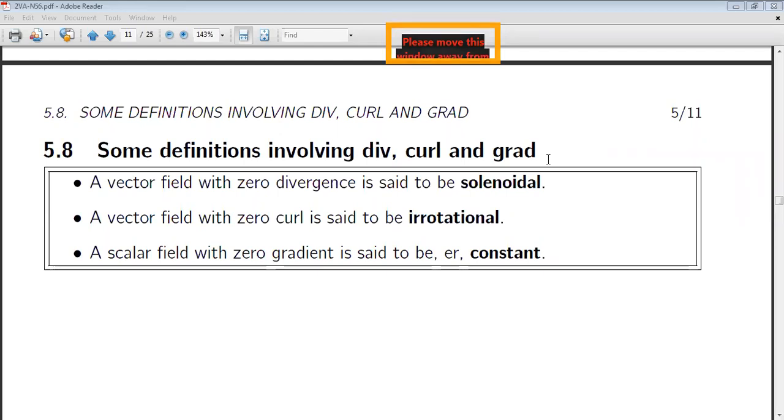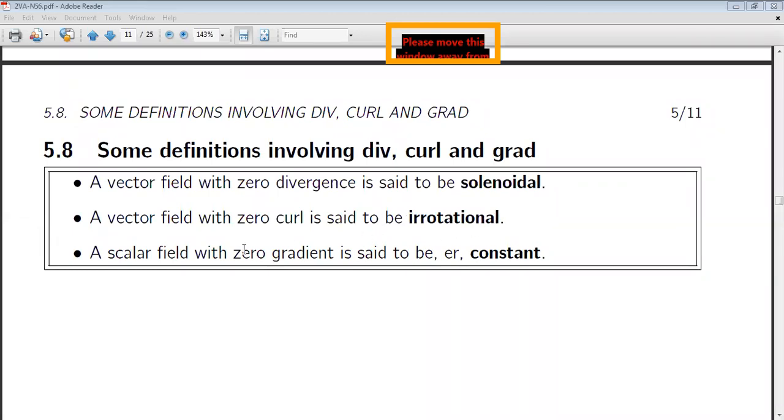So for checking a vector field to be solenoidal, irrotational and constant, what you have to find out? अगर उस वेक्टर फील्ड का डाइवर्जेंस अगर जीरो हो गया, that is the divergence of the vector quantity is 0, then the vector is said to be solenoidal. And if the curl of the vector point function is 0, then the vector quantity is said to be irrotational.